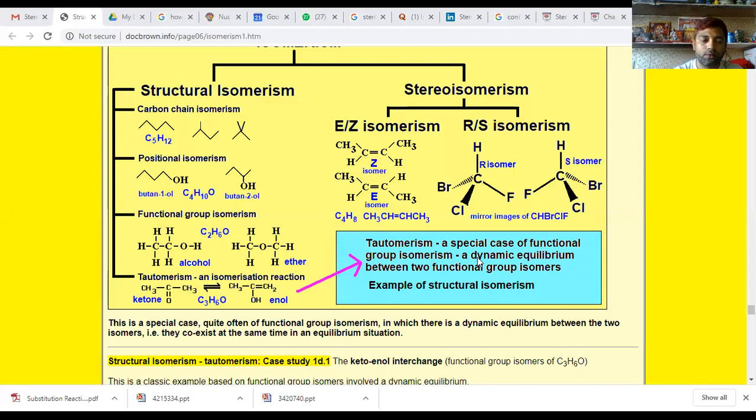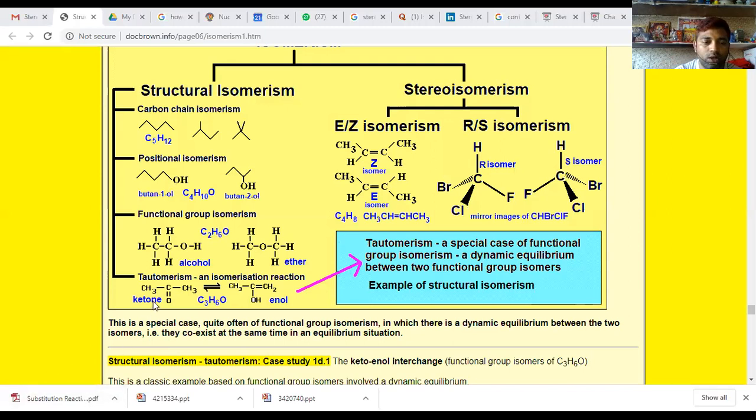So this is quite often a special case of functional group isomerism, in which there is a dynamic equilibrium between the two isomers, such that they coexist at the same time in an equilibrium situation.